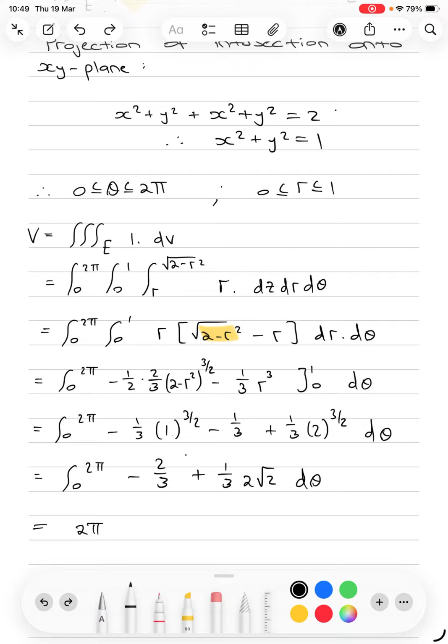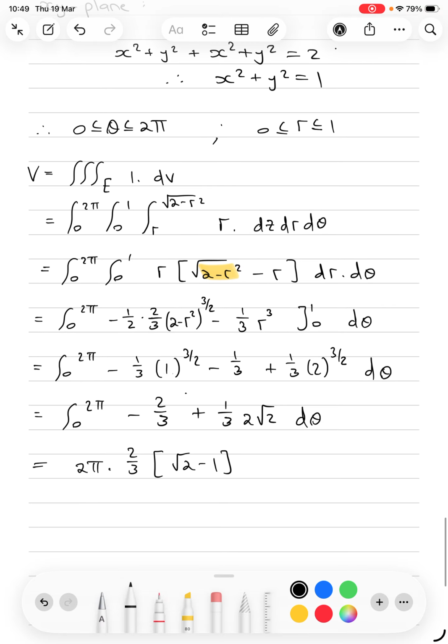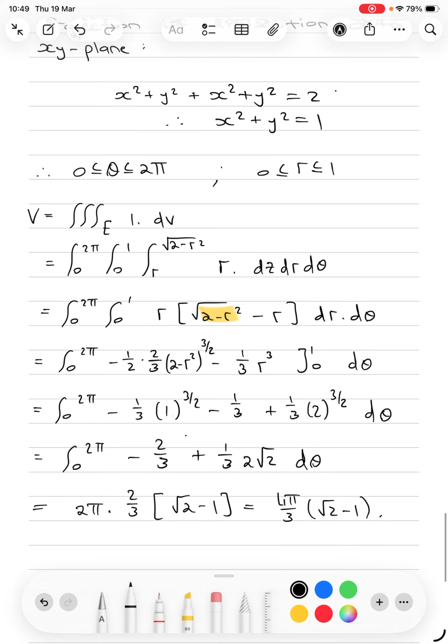And let's see if we can clean this up better. And that takes us to the volume of the solid that lies between the sphere and the cone.